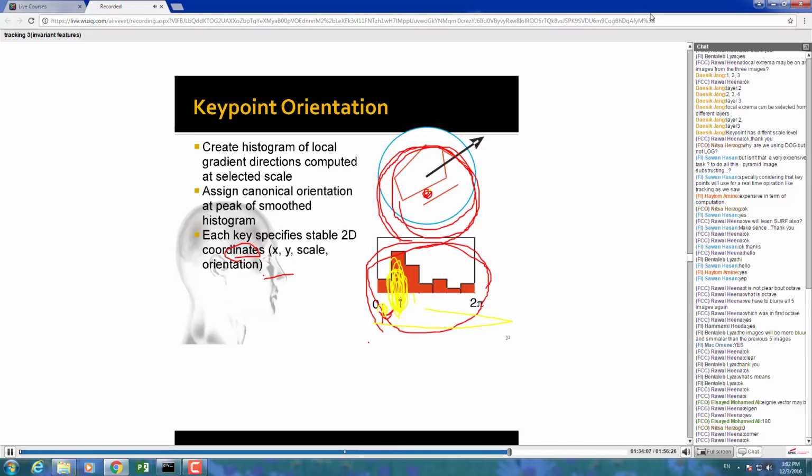So finally, for every key point, we have this information: x, y, the position of the key point, and scale. Here, what is scale in this case?